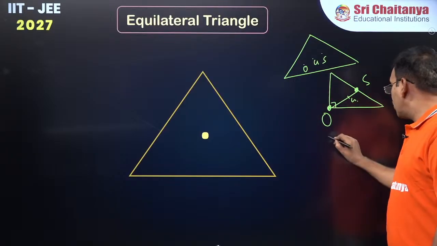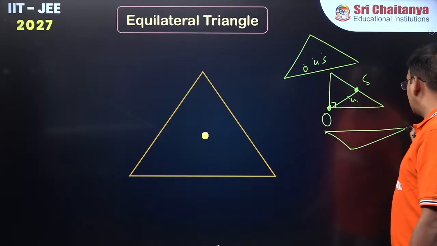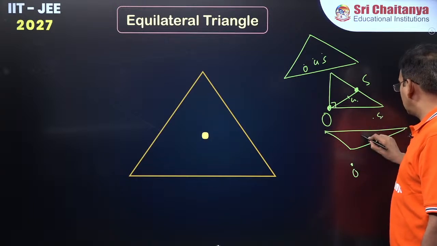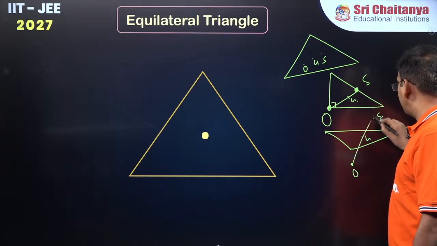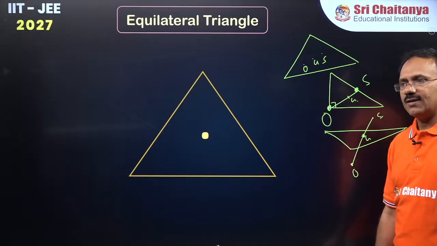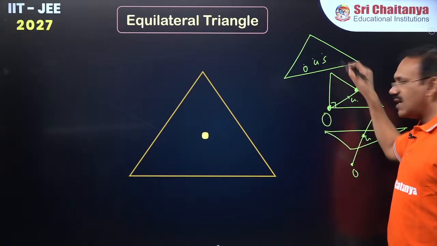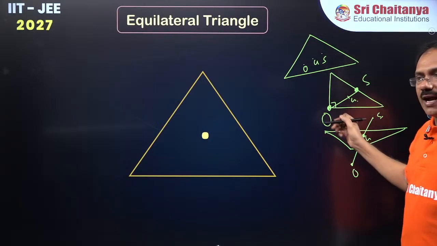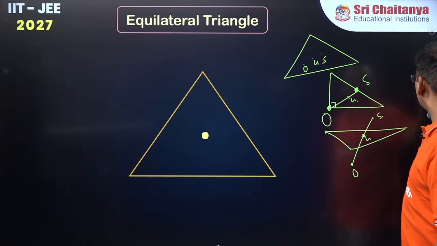If you take an obtuse angle triangle, the orthocenter comes out this side, the circumcenter goes out, but the centroid will always be inside the triangle only.